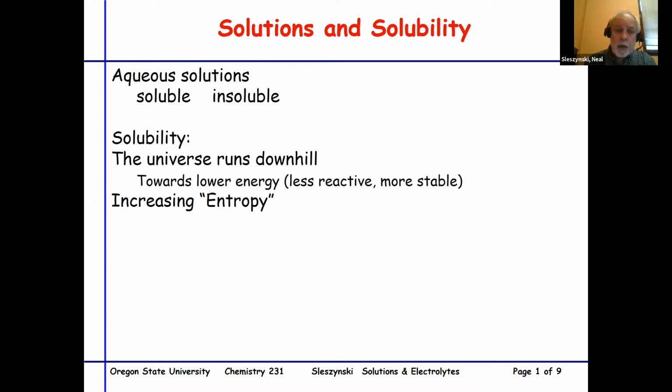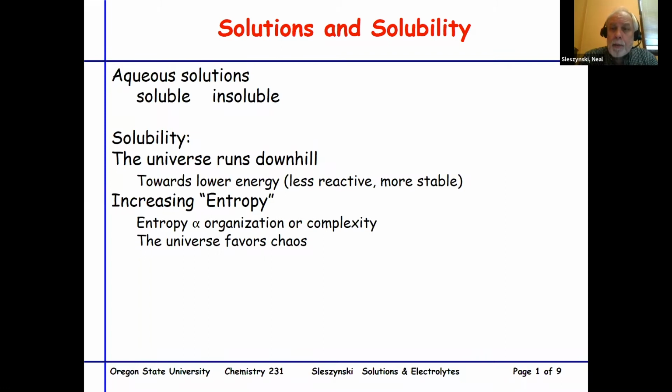Entropy is one of our thermodynamic terms, and entropy corresponds to organization or complexity. It turns out that highly organized systems have a very low entropy because of that organization, and the universe favors chaos. Breaking up organized, complex systems into systems with less order and less complexity is a positive energy change as far as the universe is concerned.